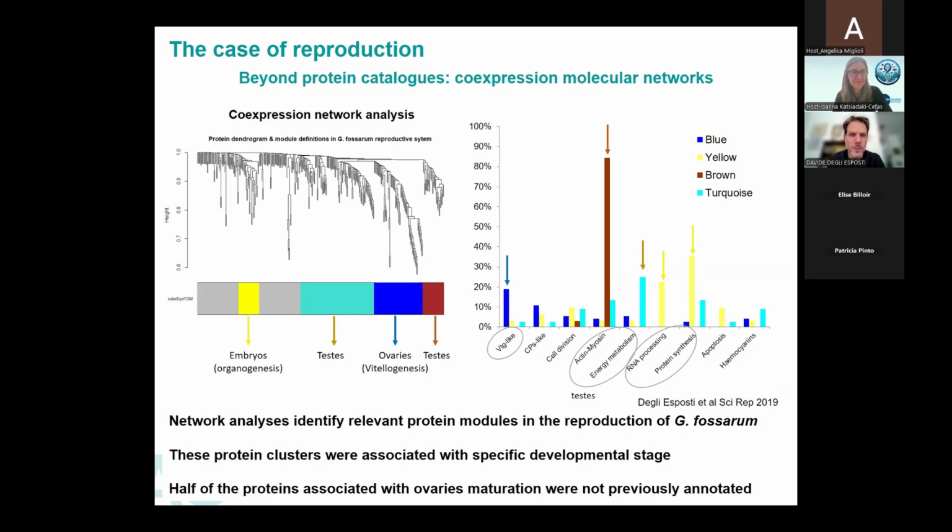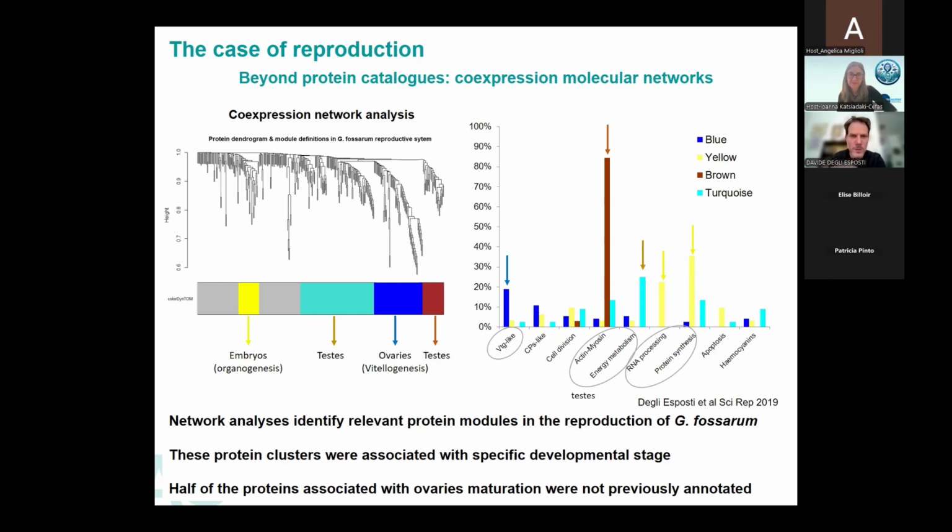And the interesting part was that half of the proteins in the ovaries were annotated as unknown proteins specific to the amphipods, close to Hyalella azteca, that is another amphipod for which we have some genomic resources. And so this was a sort of case study that will help us to identify both protein clusters associated with the specific developmental stages and the possibility of annotating proteins that were previously of unknown function.